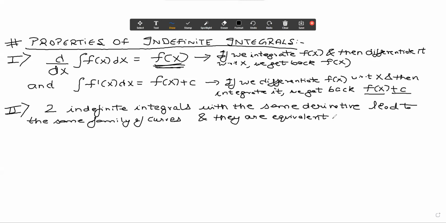So two indefinite integrals which have the same derivative will lead to the same family of curves and they are equivalent. So let's take the example.